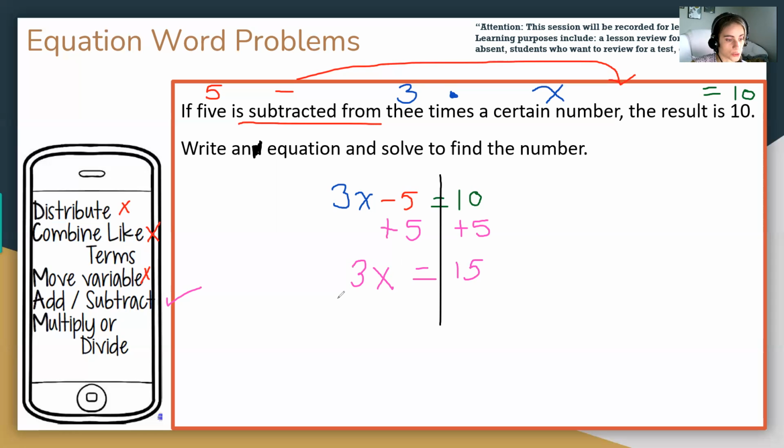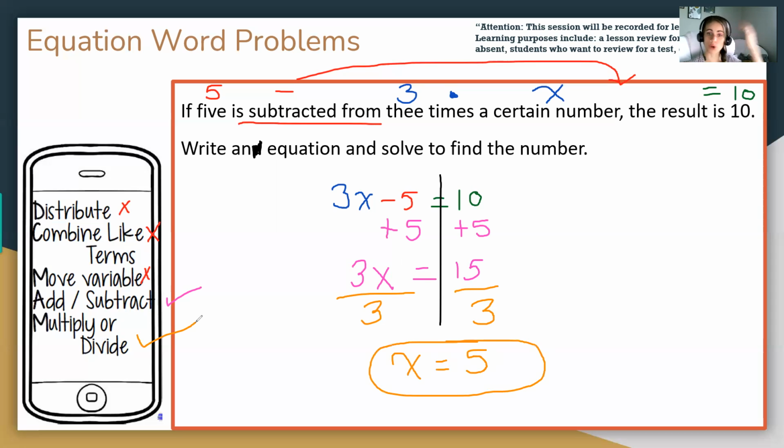The inverse of multiplication is division. 3 divided by 3 is 1, so it cancels out and we're just left with x. 15 divided by 3 is 5. And we have solved it. So we wrote ourselves an equation and we found that this certain number is 5. That is the only value that would make this word problem true.